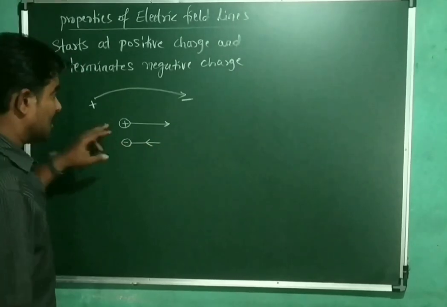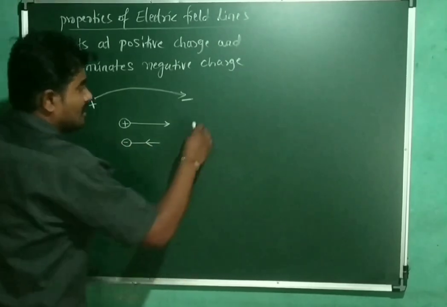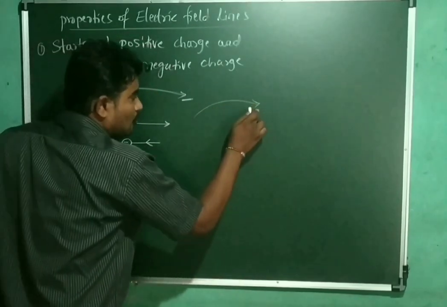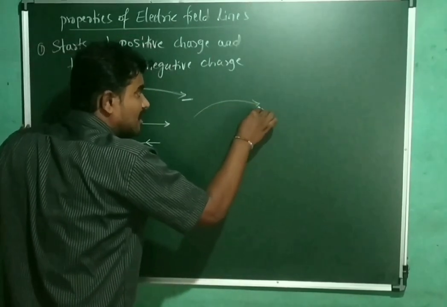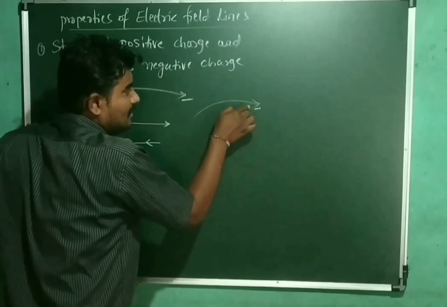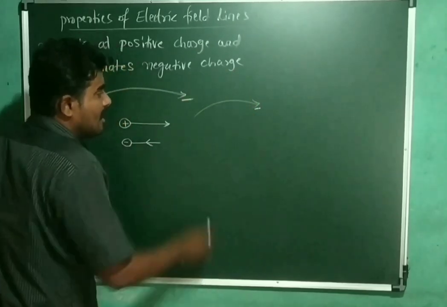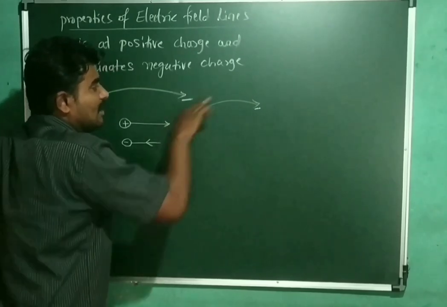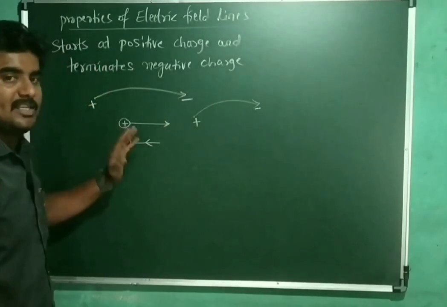Otherwise, if I draw a field line this way, it means that at this location there is a negative charge, therefore the electric field line is terminated, and at this point a positive charge is located, therefore the electric field line is started or initiated.